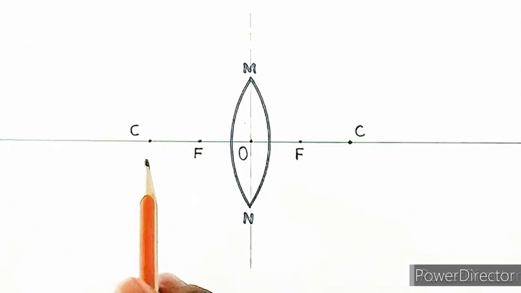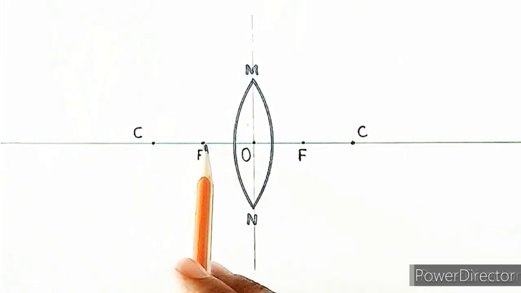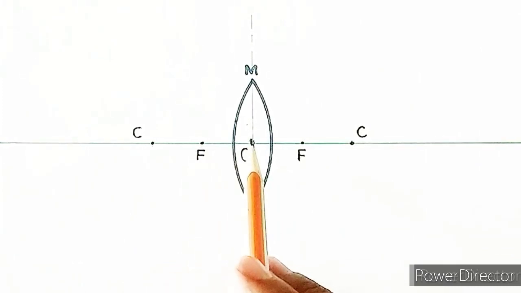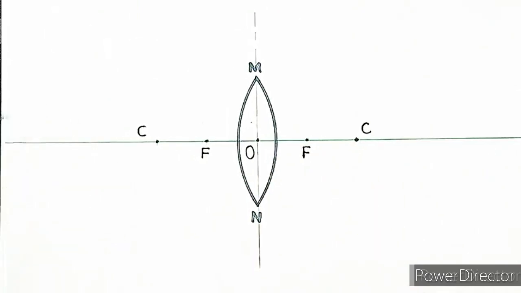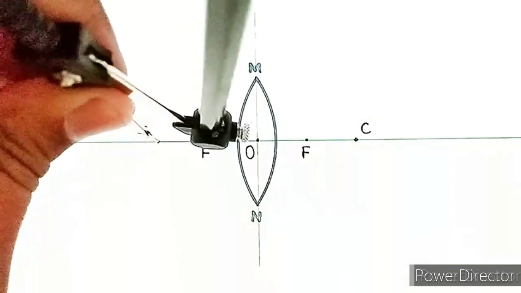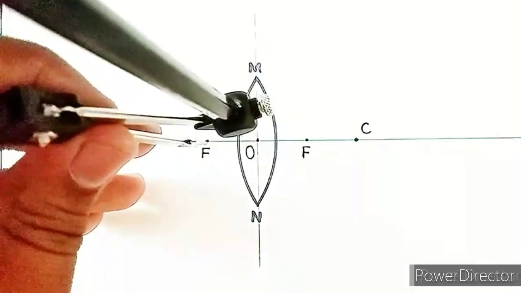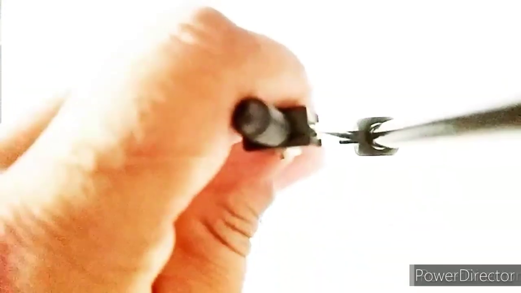But for the lenses, if you start from here, at C, from C 2 cm at 2 cm F, and from F the center O, then another F this side, and C. That is, you draw a straight line first, and then keeping your compass at C, you take 2 cm and mark this point, then F to O, another 2 cm, then 2 cm.